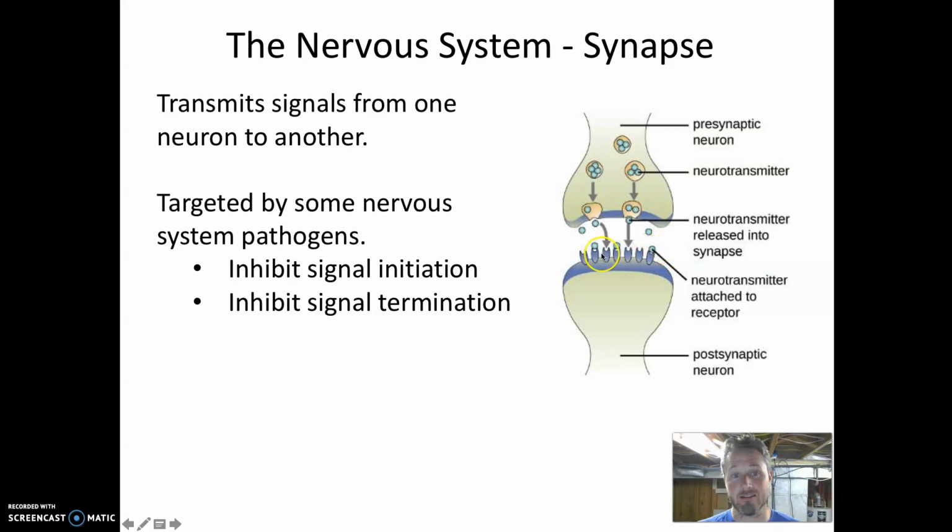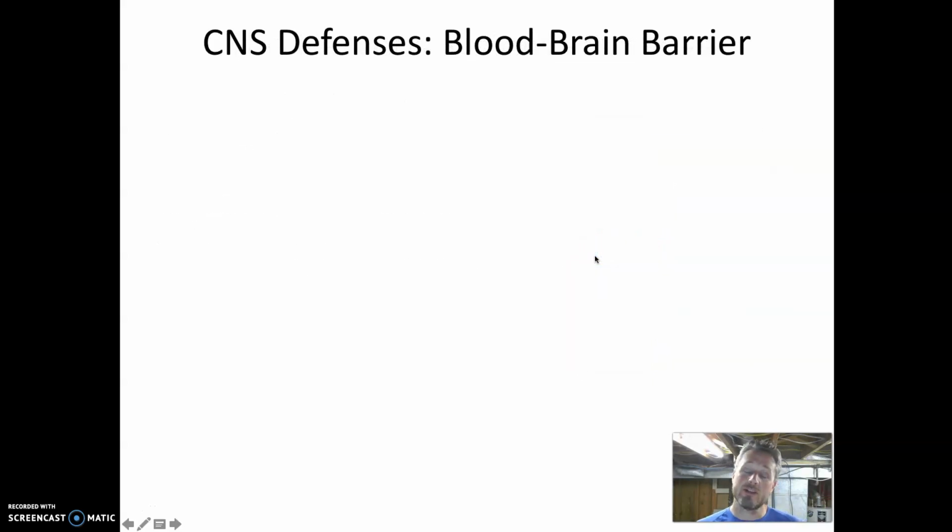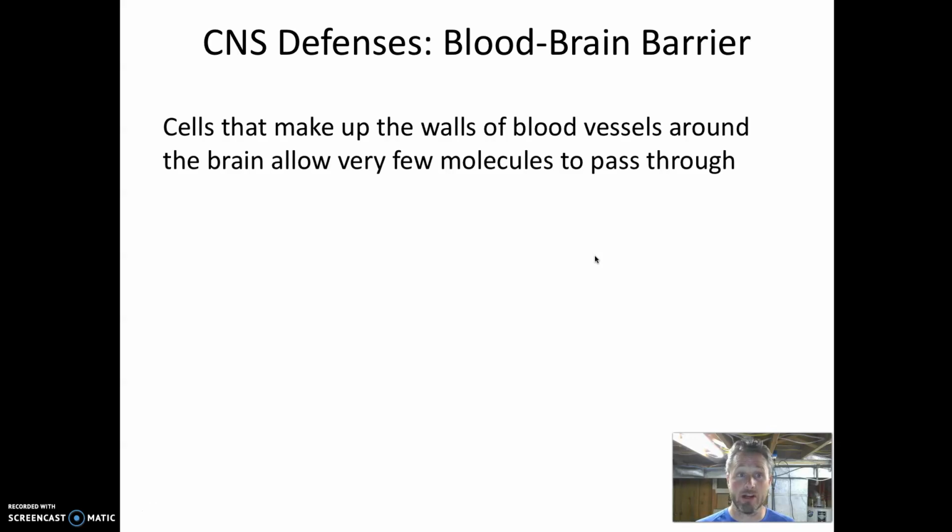All right, so now that we understand the basic anatomy of the nervous system, let's think about the defenses against infection. So mainly here, we're going to focus on the central nervous system and what we call the blood-brain barrier.